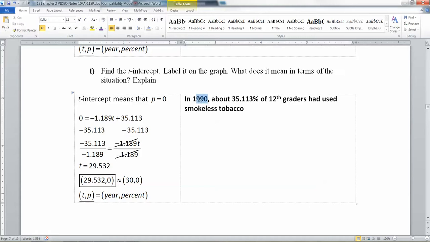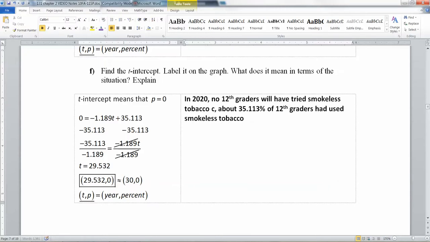Okay, so in about 2020, right? 2020, 2019, 30 years, so 2020, no 12th graders will have tried smokeless tobacco, according to our model.